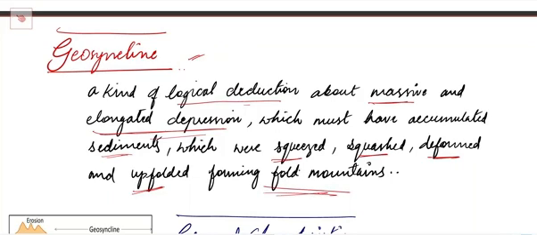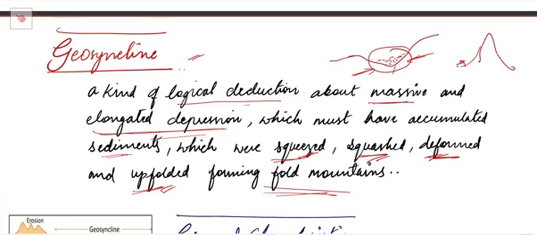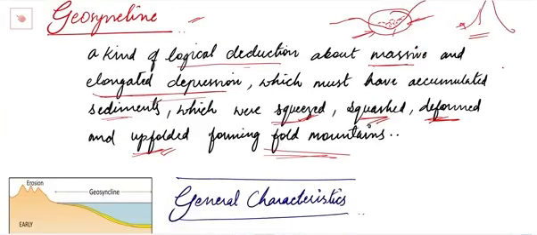See here, this is basically a deduction where a depression takes place where sediments will get stored, and due to the forces acting on it, these sediments undergo what we have seen: squeezed, squashed, deformed, and upfolded, which finally forms into a fold mountain. So this is what today we are going to see.